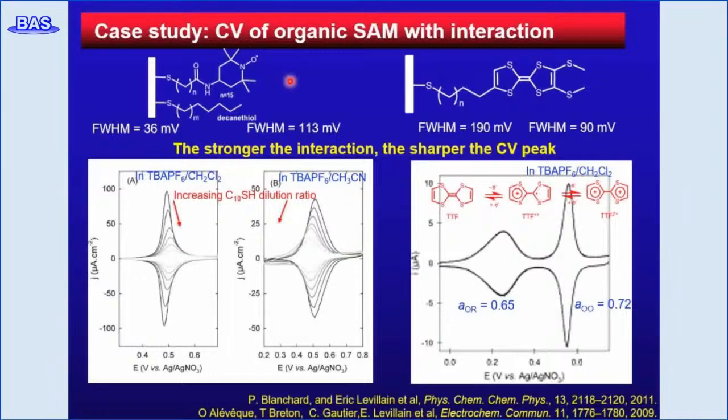The direction of the peak shift upon dilution is opposite when the solvents are dichloromethane and acetonitrile. Furthermore, the CV peak is sharper in dichloromethane than in acetonitrile.